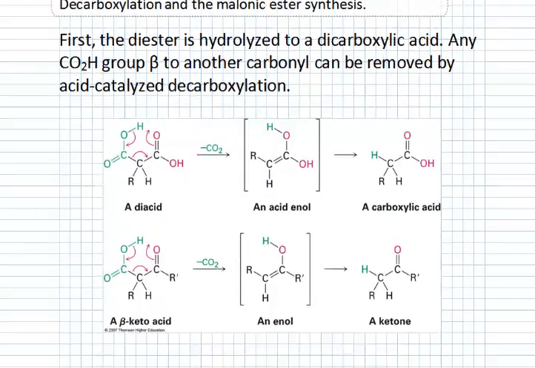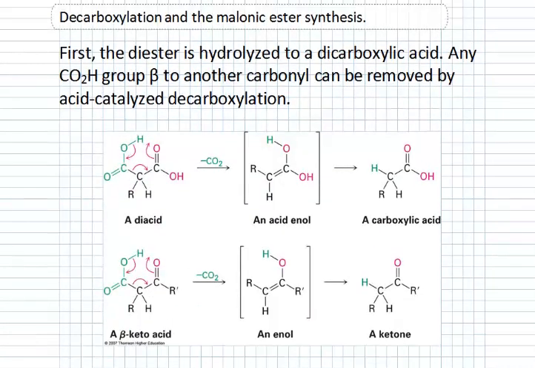So let's look carefully at the decarboxylation, how that happens. Here's our diacid. This is a view of what happened after we had the diester, which we hydrolyze. A diester, just like any ester, gets hydrolyzed into a carboxylic acid.